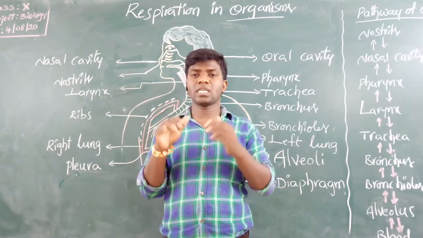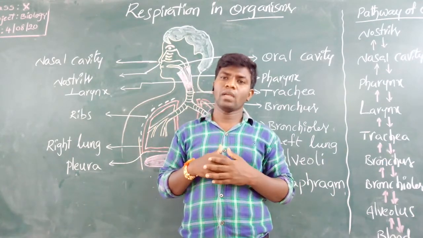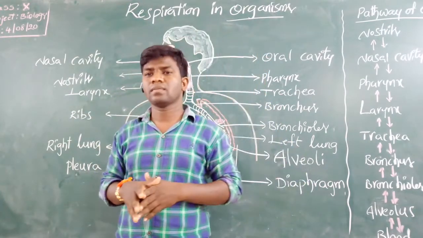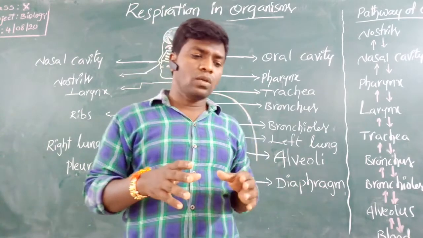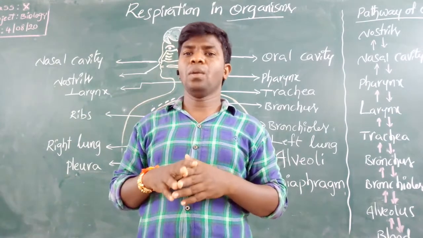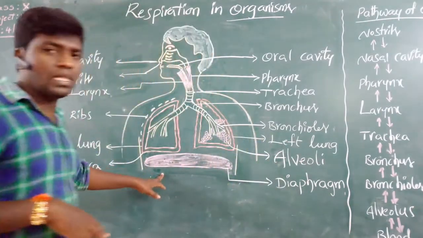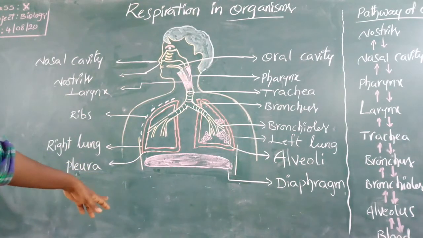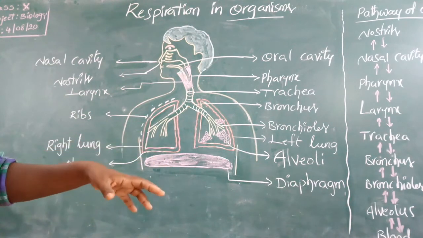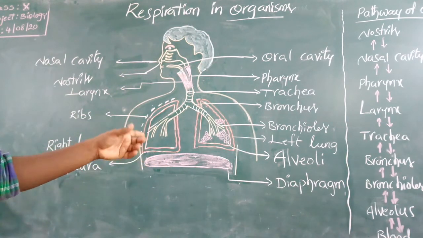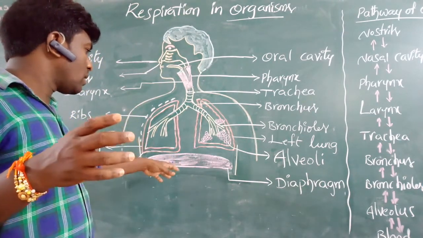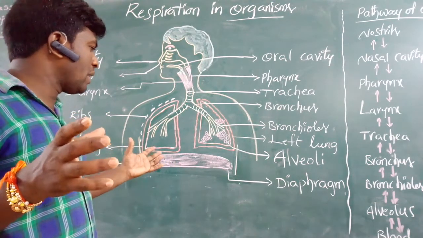As the space in your chest cavity gets smaller, air rich in carbon dioxide is forced out of your lungs, through the windpipe, and then out of your nose or mouth. So here the diaphragm is playing a very key role.